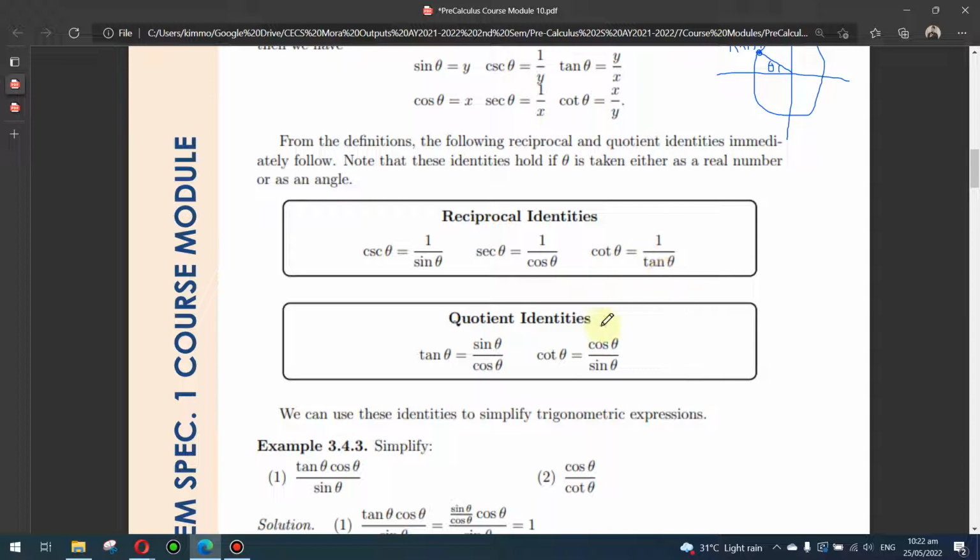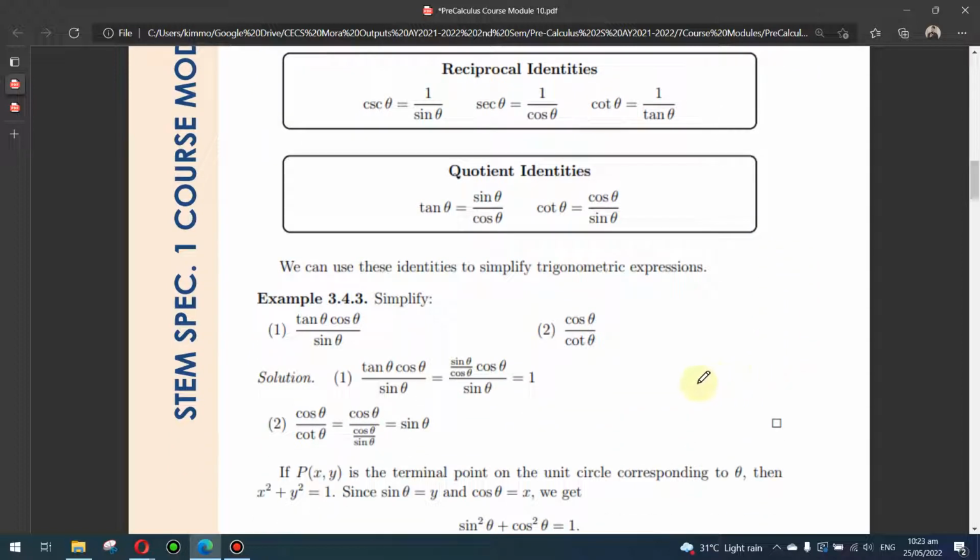Then the quotient identities: tangent is equal to sine over cosine. Then cotangent is equal to cosine over sine, or that is just the inverse of tangent. So we can use these identities to simplify trigonometric expressions.